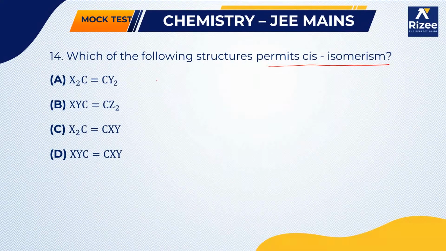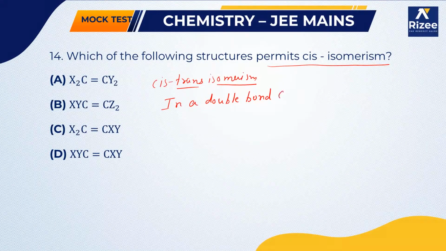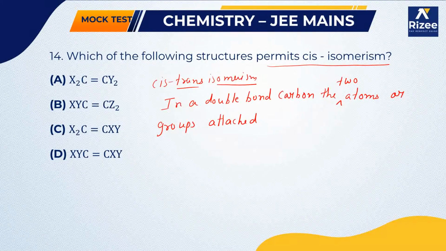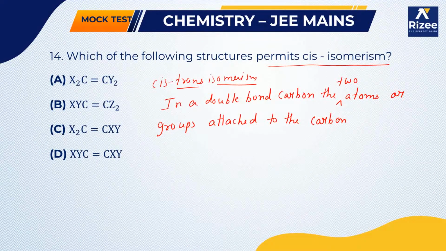So for geometrical isomerism or cis trans isomerism, what we will say is that in a double bonded carbon, the two atoms or groups attached to a carbon should not be same.